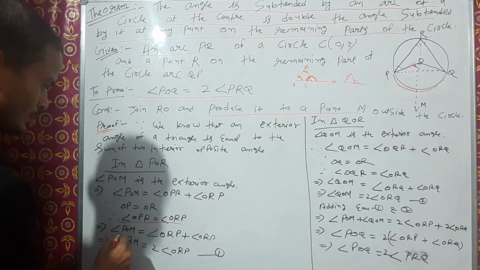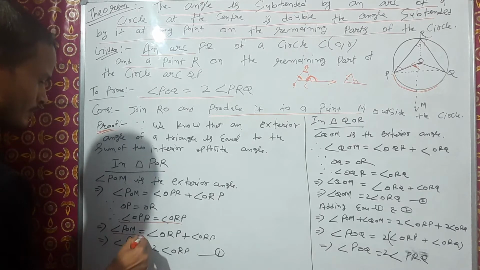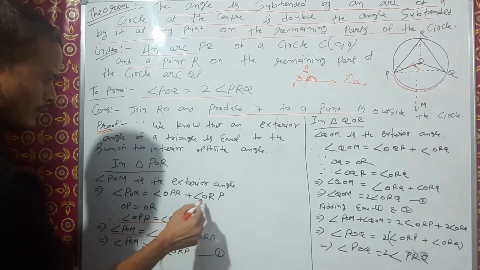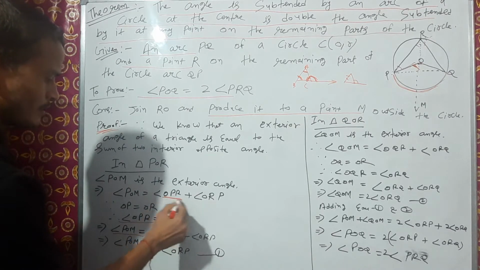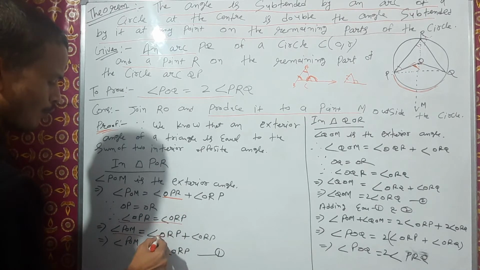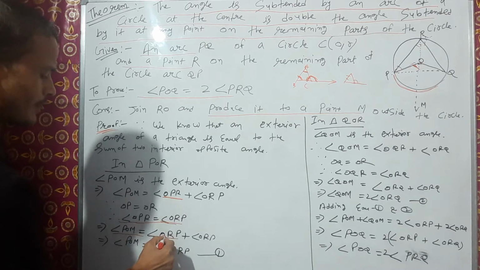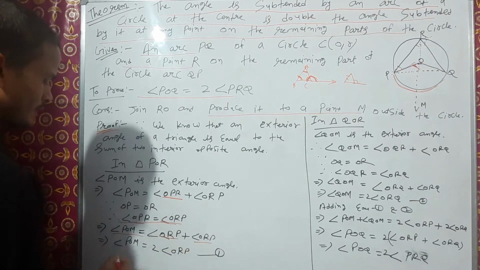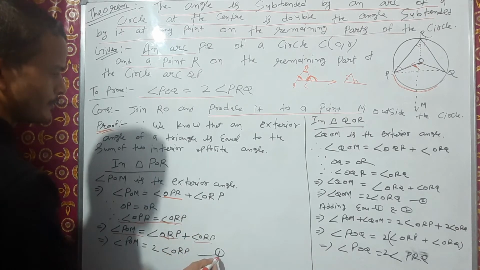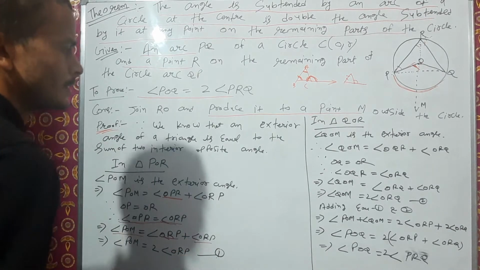So in place of OPR we write ORP, and POM is equal to ORP plus ORP, which is 2 ORP. Equation number 1.